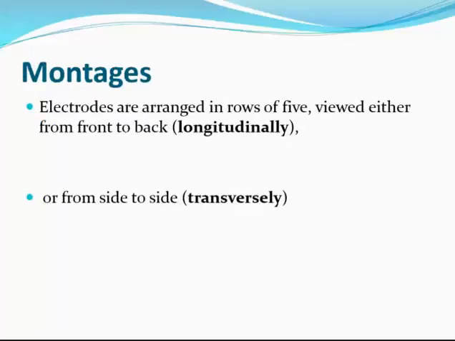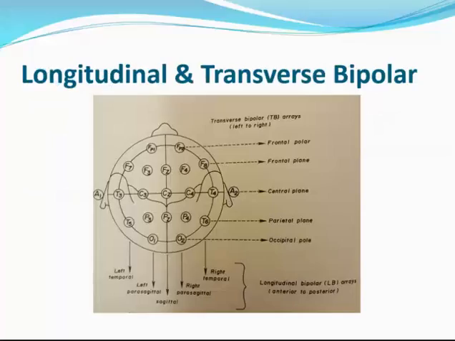Electrodes are arranged in rows of 5, viewed either from front to back, which is called the longitudinal montage, or from side to side, which is the transverse montage. I'm going to pick my pointer here. Going from side to side, we have the frontal polar, the frontal plane, the central plane, the parietal plane, and the occipital pole.